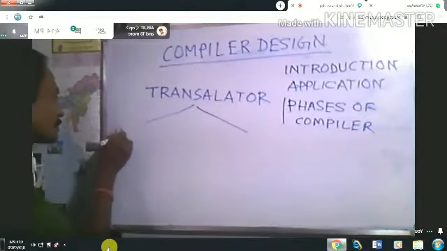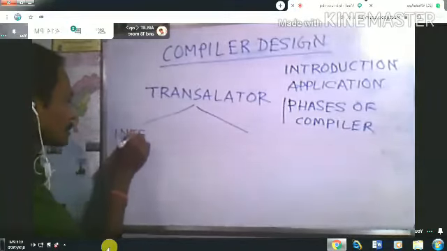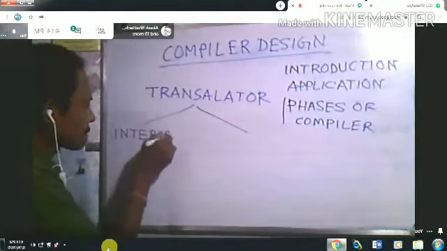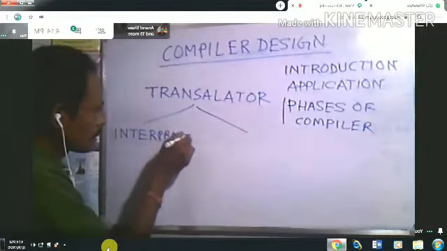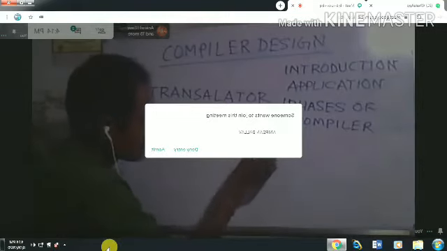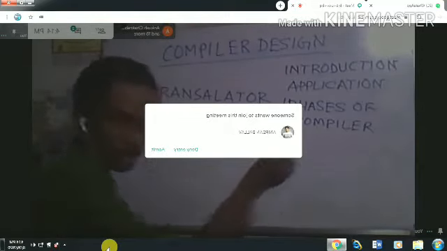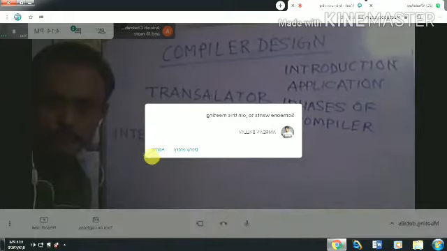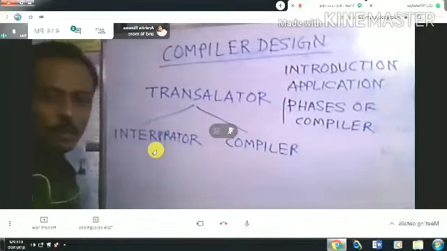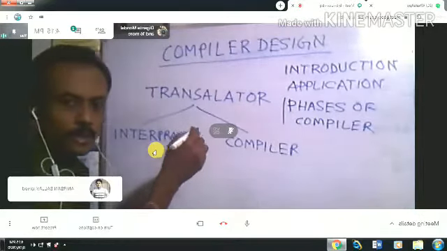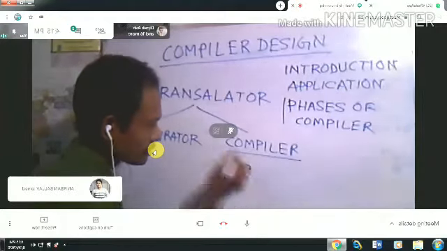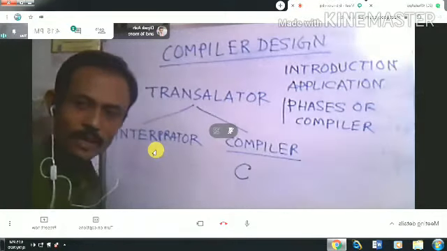One is called an interpreter, and another is a compiler. Basically we heard the term compiler in the C programming language. So C is a compiler.